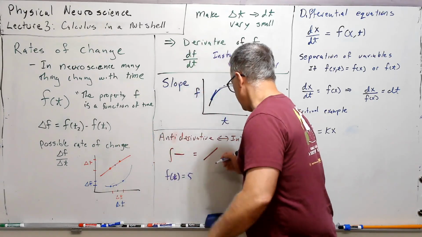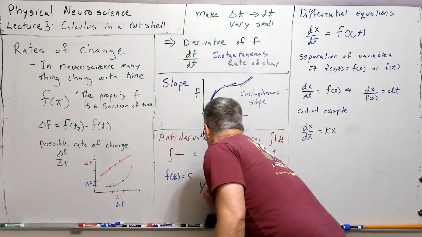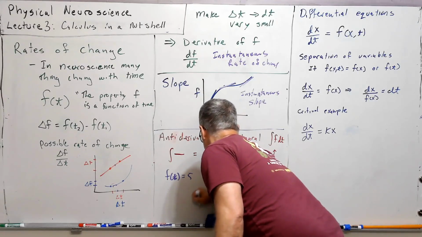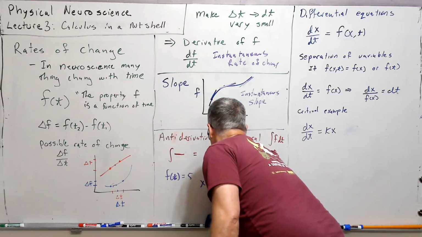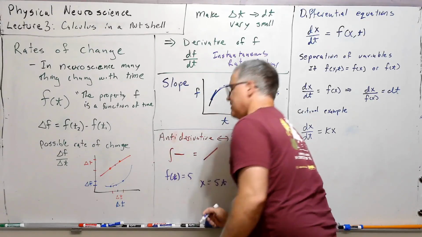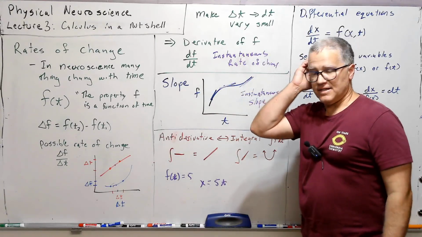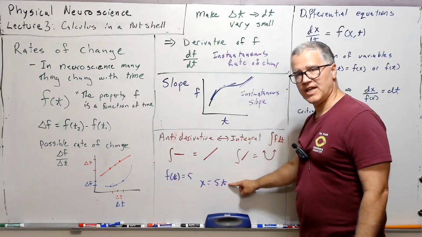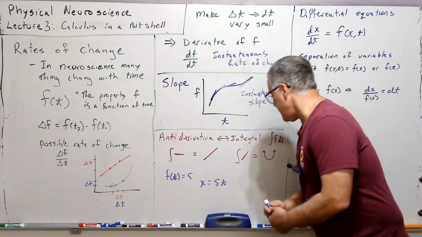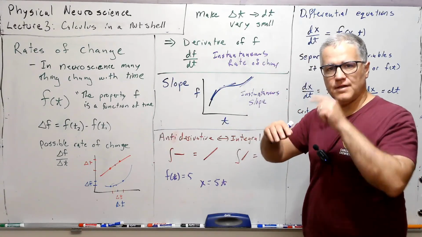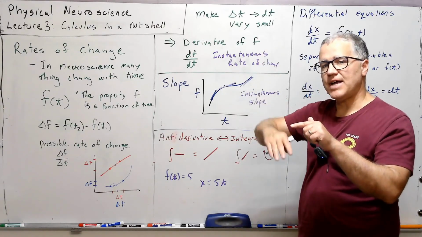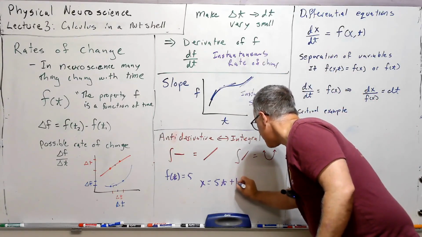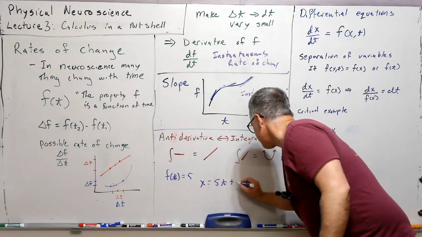Well, that's going to be x equals 5t, right? But this function has a slope of 5, but so does any function that has that slope and then just has some kind of offset. So we'll just say plus b, or plus c, we'll say.